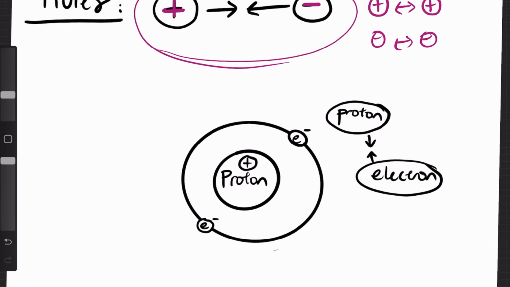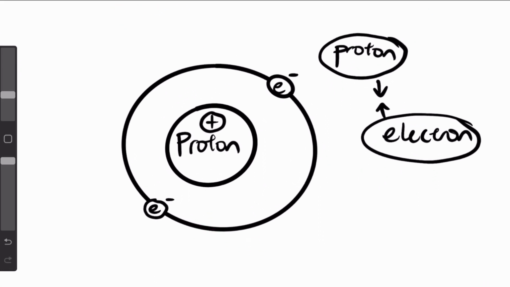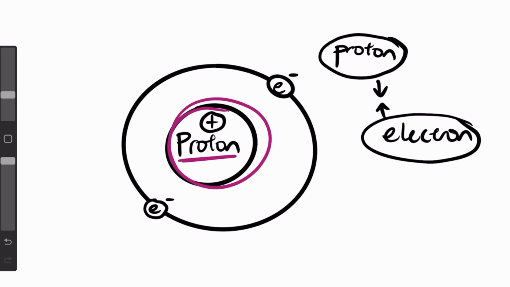So when we look at the basic layout of an atom, we have the center nucleus, which has the protons, and they are positive. And then we have the rings that we use to simplify the image of an atom to make it easier to conceptualize. We have the electrons, and this is just the first ring.